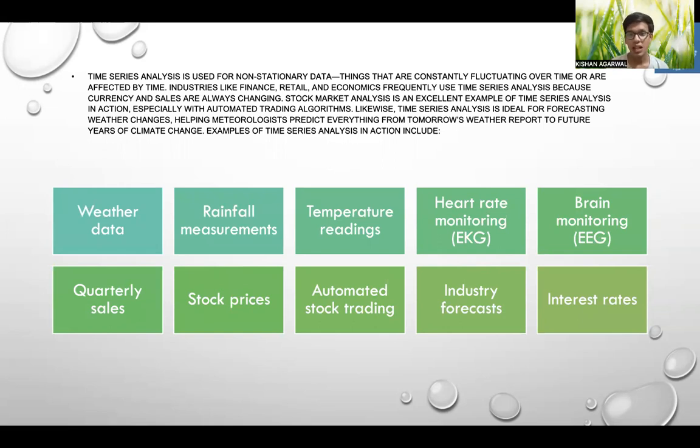Likewise, time series analysis is ideal for forecasting weather changes, helping meteorologists predict everything from tomorrow's weather report to future years of climate change. Examples of time series analysis in action include weather data, rainfall measurements, temperature readings, heart rate monitoring, brain monitoring, quarterly sales, stock prices, automated stock trading, industry forecasts, and interest rates.